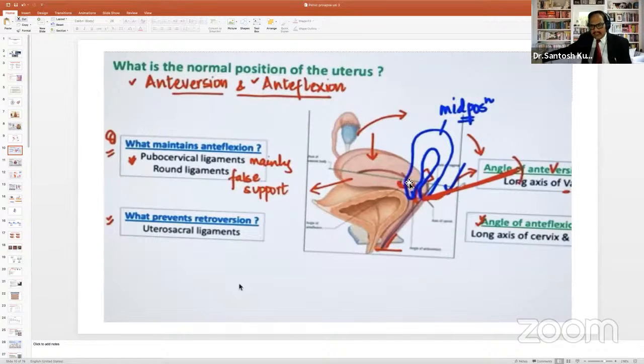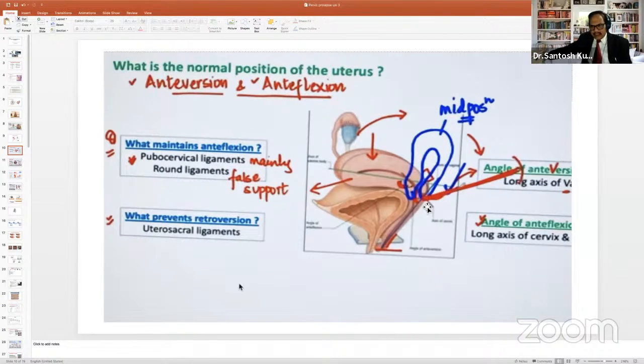See, this is an anteverted, anteflexed uterus, and this ligament posteriorly, the uterosacral ligament, is holding the vagina to the lateral pelvic wall, and the transverse cervical ligament keeps it anteflexed and anteverted, and the pubocervical ligament and round ligament are the false supports. So all these ligaments maintain the anteverted, anteflexed position and protect it from prolapse.